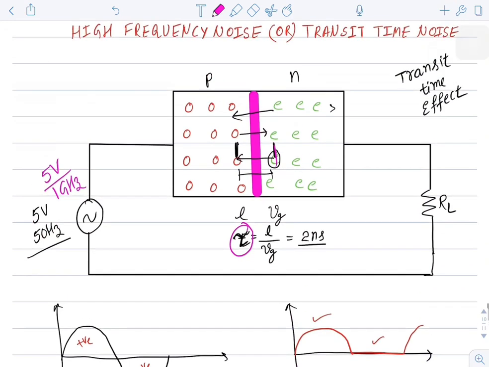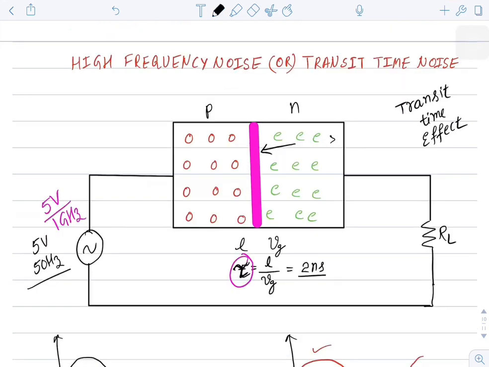Tau is large when compared to T now. In this case, by the time the electron tends to move towards the p-type region, you are applying a negative voltage. As a result, the electron will tend to move in this direction. By the time this electron is moving towards the right side, you are applying a positive voltage.